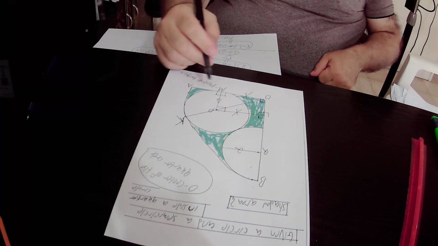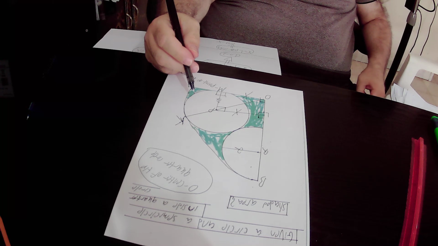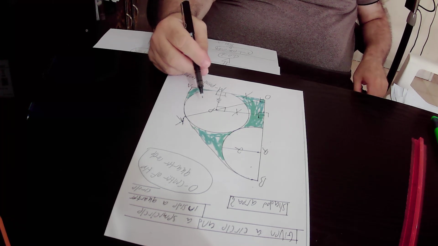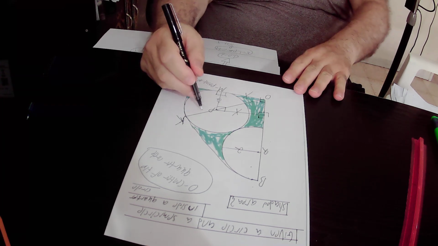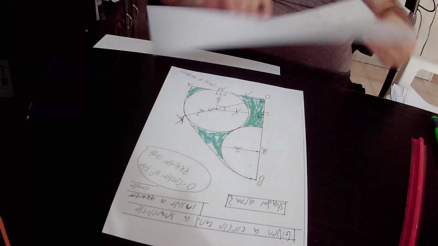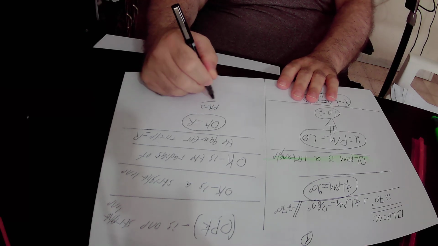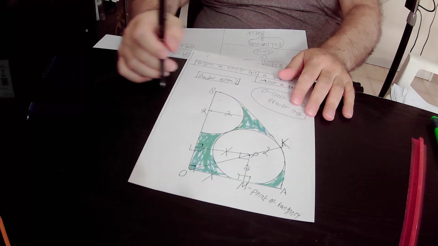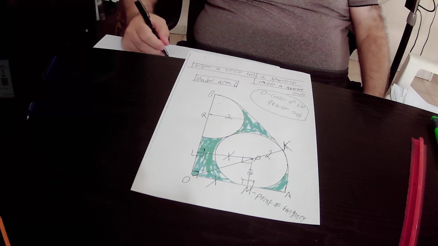Point P is the center of the circle, and point K is a point on the circle itself. This is exactly the definition of a radius. That is to say, PK is the radius of this circle, which is equal to 2 units according to the question. So PK equals 2 units. And what is the length of line segment OP?